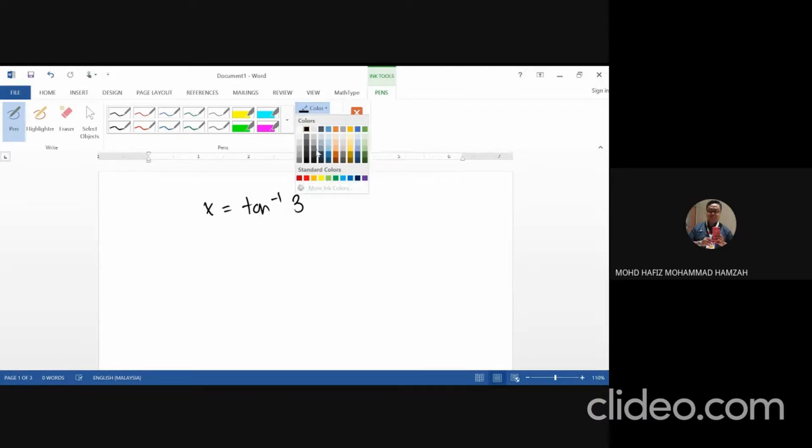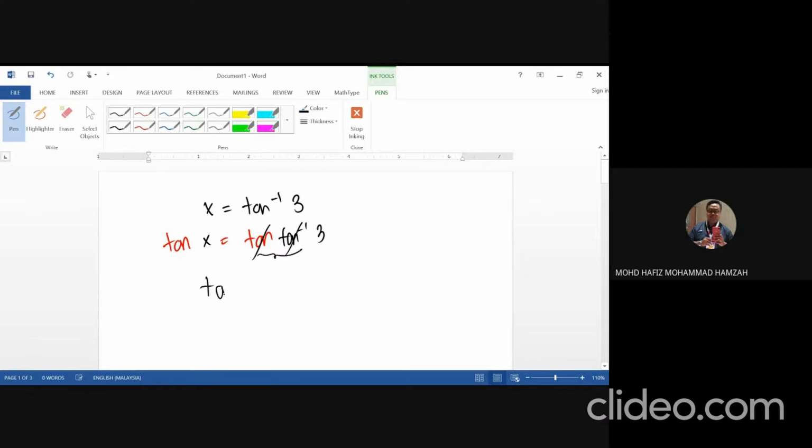So to solve this one, when you write tangent both side, so dia akan jadi tangent x sama dengan tangent inverse 3. So kita tulis tangent both side. So this side, tangent and tangent, dia akan neutralkan tangent ni. So nanti yang tinggal adalah tangent x is equal to 3/1.